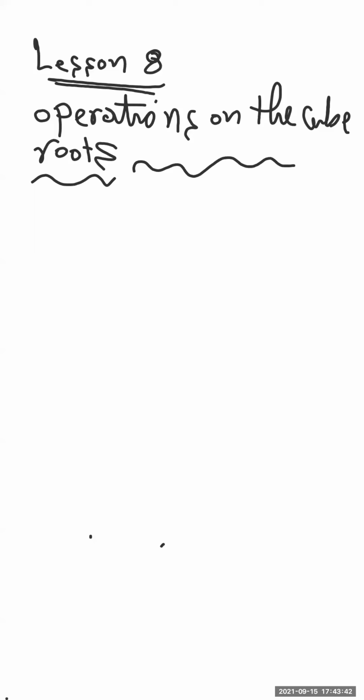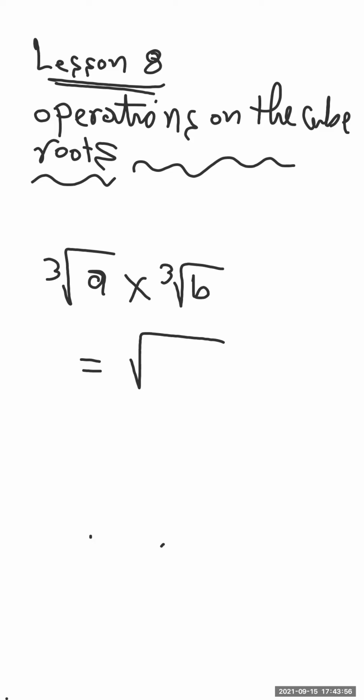The first rule in the cubic roots: the cubic root of A times the cubic root of B, actually like square roots exactly, we will multiply the two numbers, so cubic root of AB.